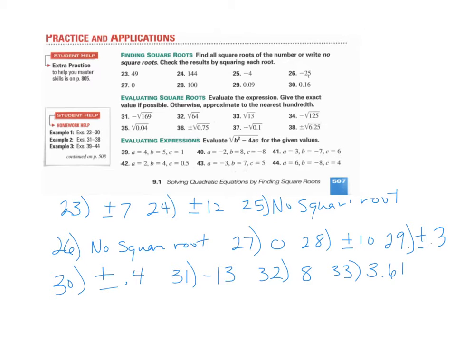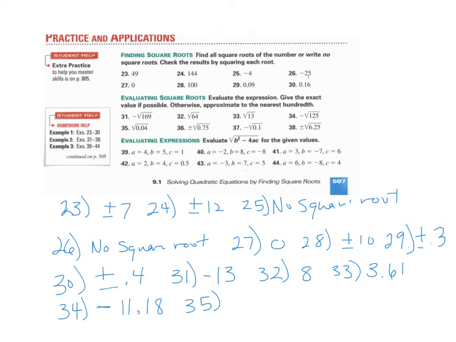3.61 when rounded. 34. Square root of 125 is 11.18. And so it's a negative in front. 35.